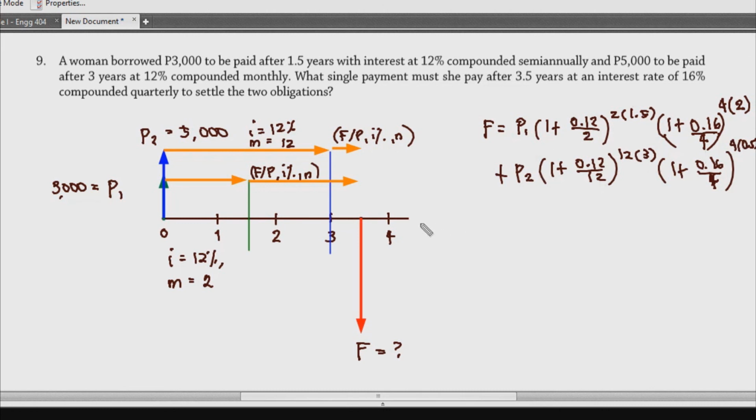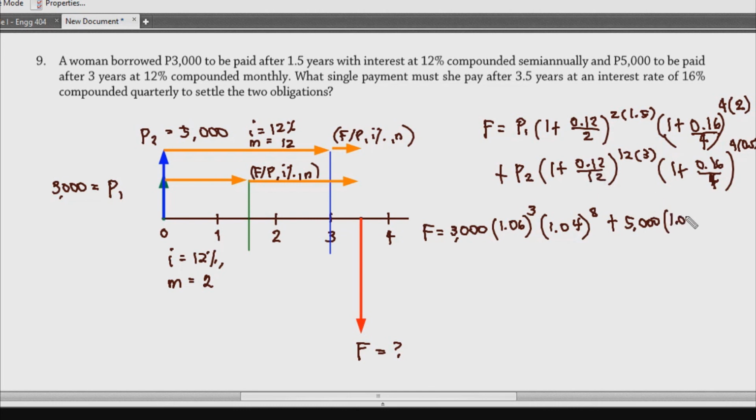In this case, I can now substitute for the value. So F is equal to your P1, that is 3,000, okay, times, this will be 1.06. Let me just rewrite muna para mas simple na. So 3, and then I think this should be 1.04 raised to 8 plus P2, which is 5,000, and then this becomes 1.01.